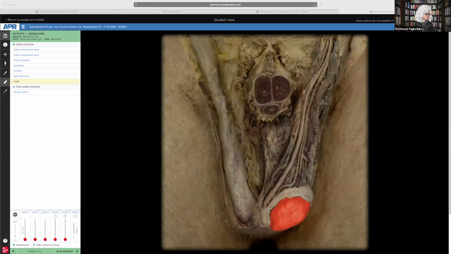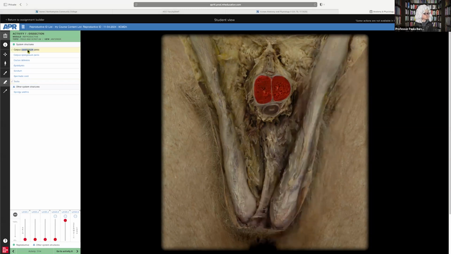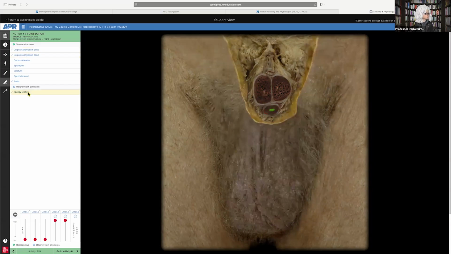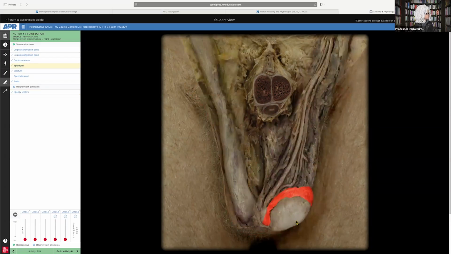This is an anterior view of the male reproductive system. The penis has been cut here, so we can see the 2 corpora cavernosa here. And then the corpus spongiosum. And remember that the corpus spongiosum is going to surround the spongy urethra. This is going to be the testis right here. This is the epididymis sitting on the surface of the testis.